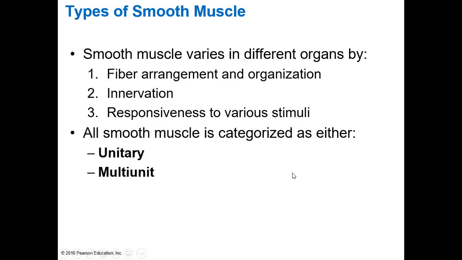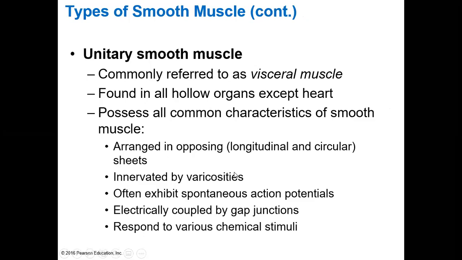And length and tension can change. You have types of smooth muscle. It's either categorized as unitary or multi-unit. And they are different by fiber arrangement, innervation, which is how they are activated by neurons, and responsiveness to various stimuli. Unitary smooth muscle is visceral muscle found in all hollow organs except the heart.